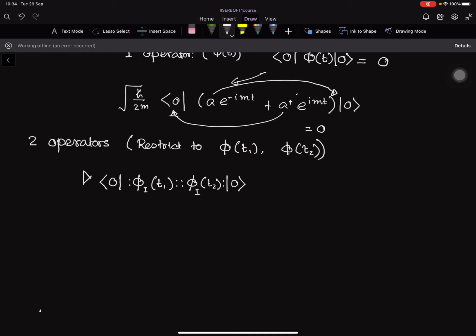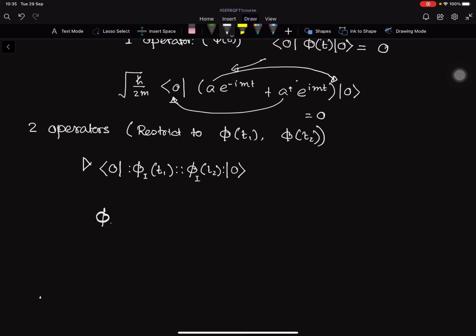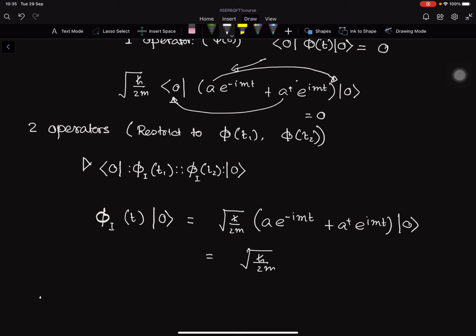Now you can easily do this computation. phi_I(t) acting on the vacuum simply gives you sqrt(h bar over 2m) times a dagger e^{imt}, on the first excited state.